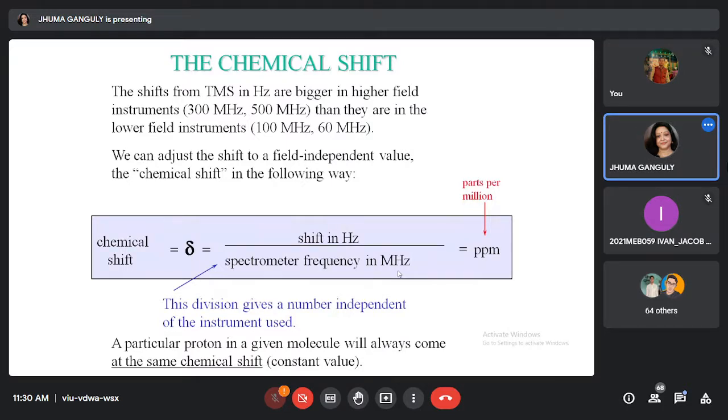The chemical shifts from TMS in hertz are bigger at higher field.